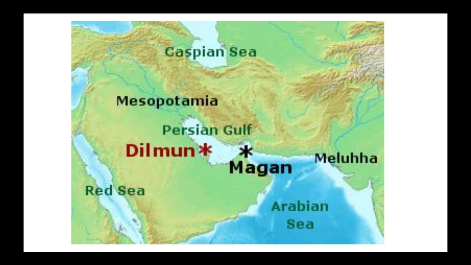So the people of Indus Valley used to trade with Mesopotamian culture by sea route, and there were two trading points between Indus Valley civilization and Mesopotamia civilization. First one is Magan, second one is Dilmun. They used to stay at Magan and Dilmun. It was a trading point of Indus Valley civilization.